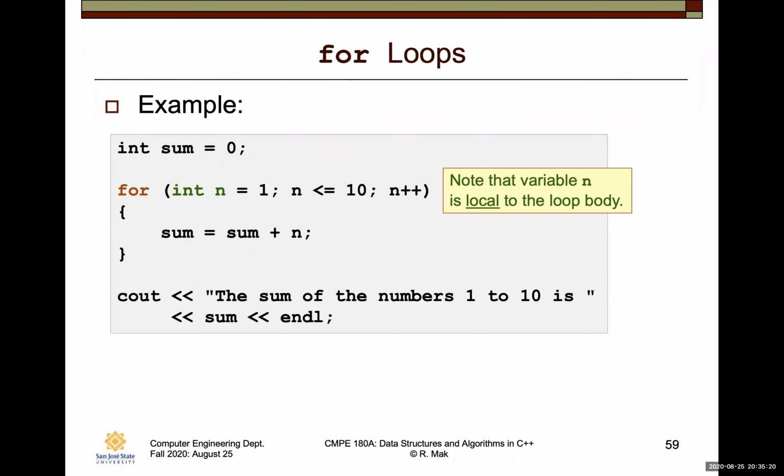And here, because I declared n as part of the for statement, n is local to the body of the loop, meaning that outside of the looping statements, we're not able to access the value of n.